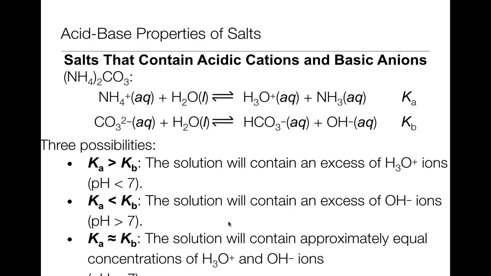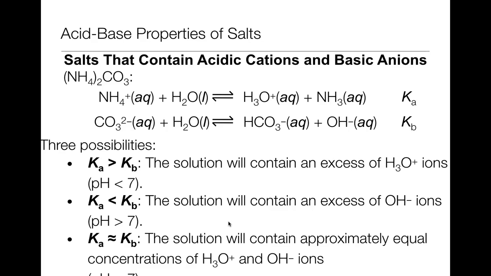Essentially what it comes down to is realizing ammonium, what is its Ka? And carbonate, what is its Kb? We're going to compare the relative order of magnitude of both of them. If the Ka of your weak acid is greater than the Kb of the weak base anion, then you're going to have an excess of hydronium.